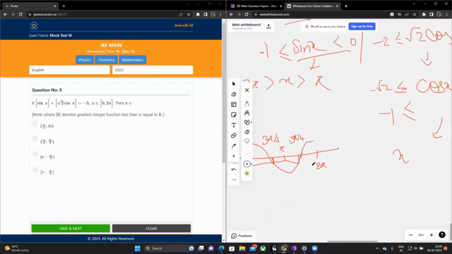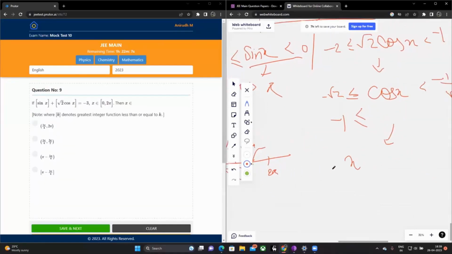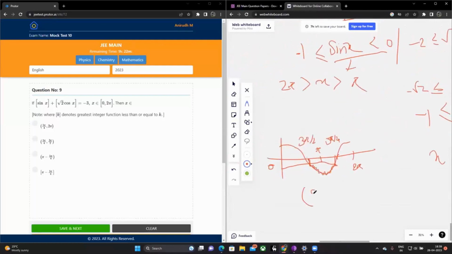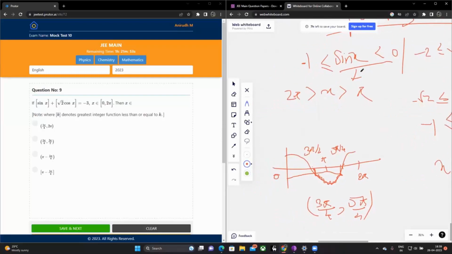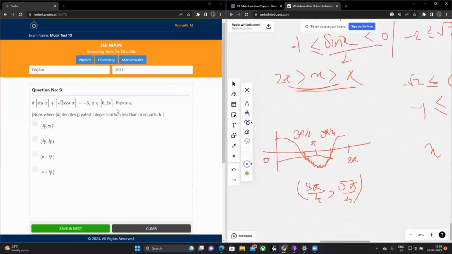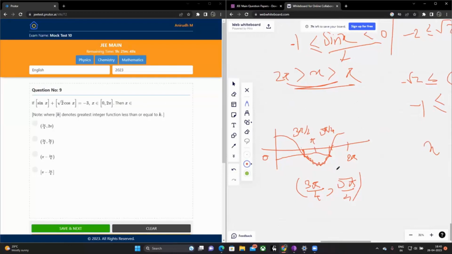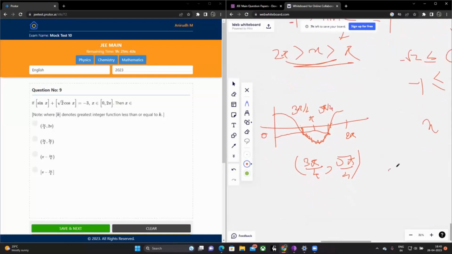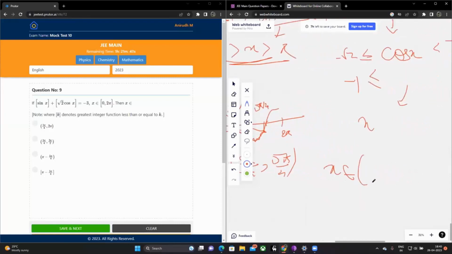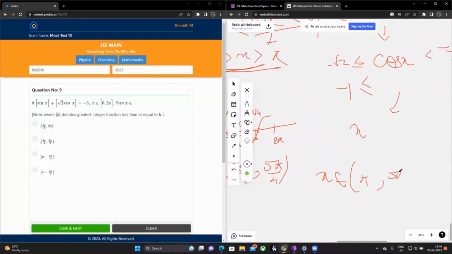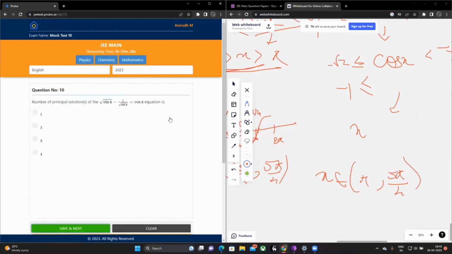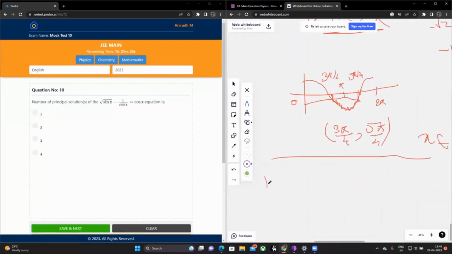So basically x lies between these two, which is 3 pi by 4 comma 5 pi by 4, and you are given that x lies between pi and 2 pi. Both these conditions should be satisfied for this equation to hold true, because of which we get the bound x belongs to open pi and open 5 pi by 4, right? Which is this option. I just formatted it wrongly here. That's this option, right?